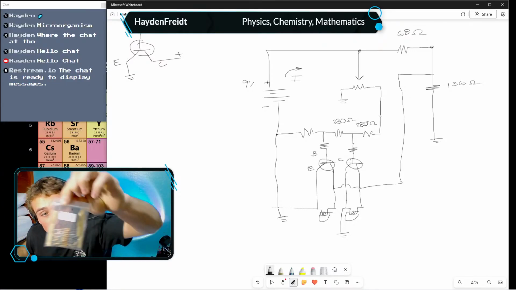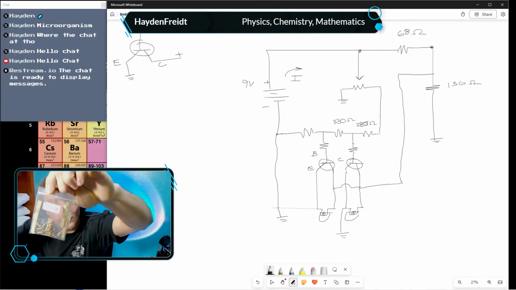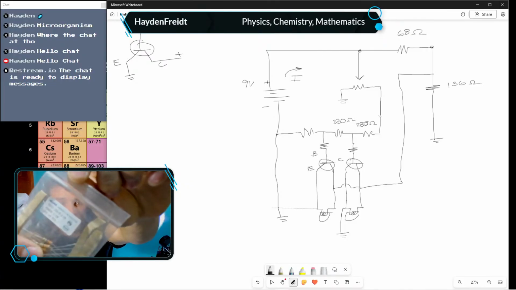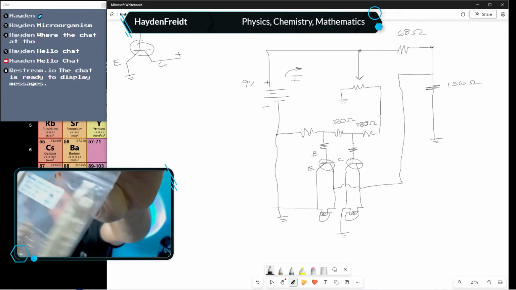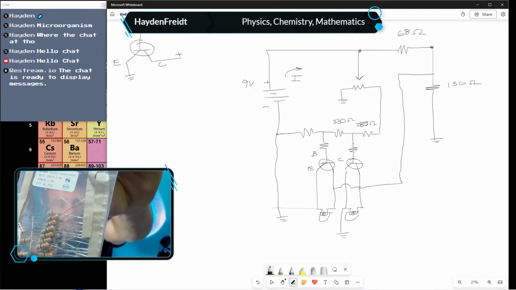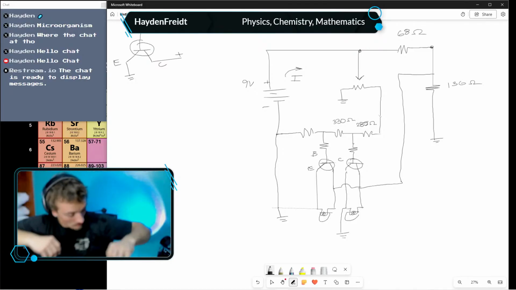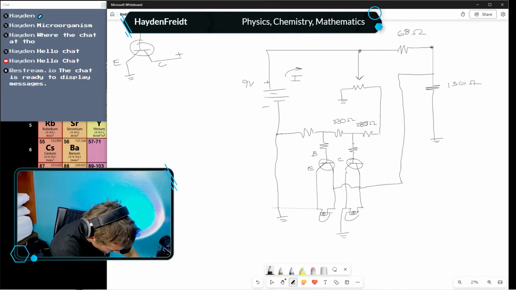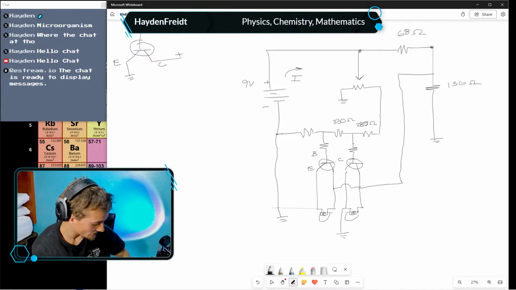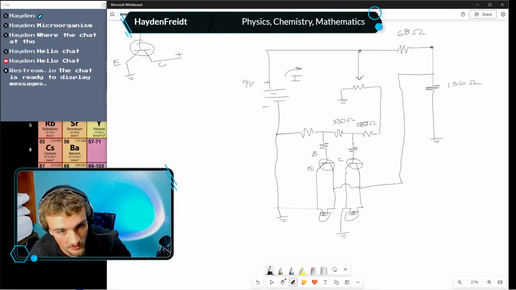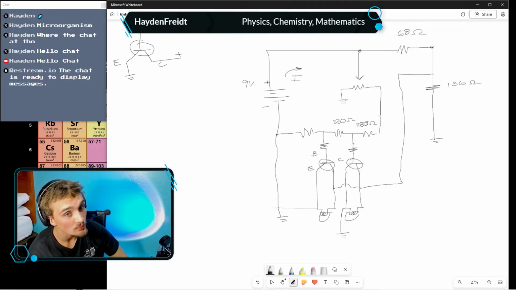This is what the packages look like, by the way. Checking now for the 470 ohms. I'm pretty sure that's what it's meant to be, but I'm getting a reading of 285 ohms. That's a pretty big difference.